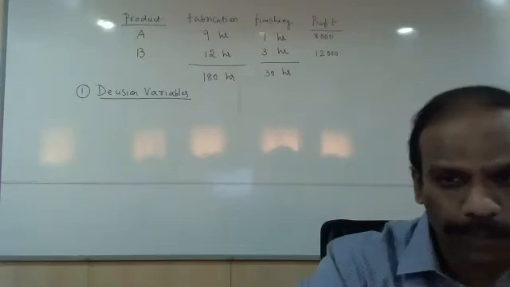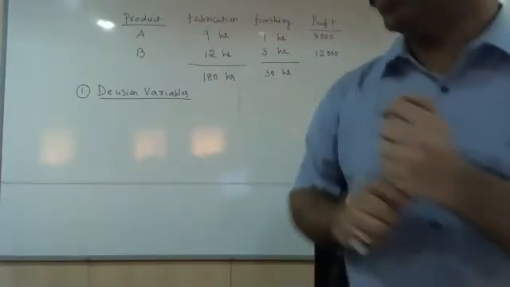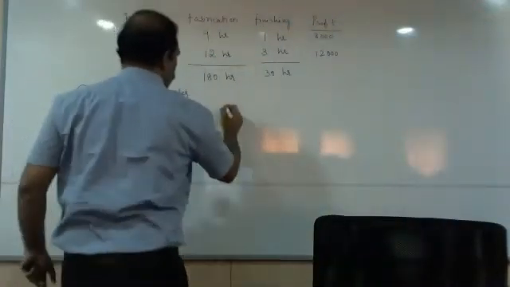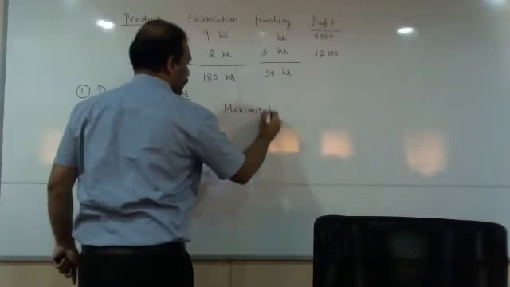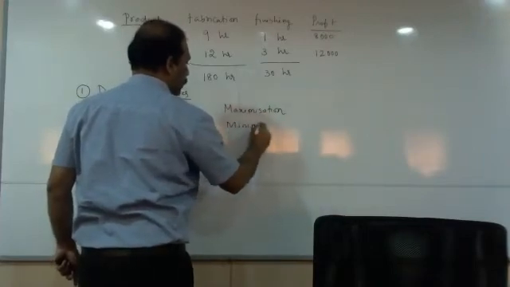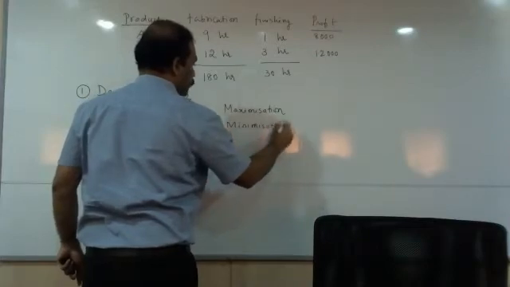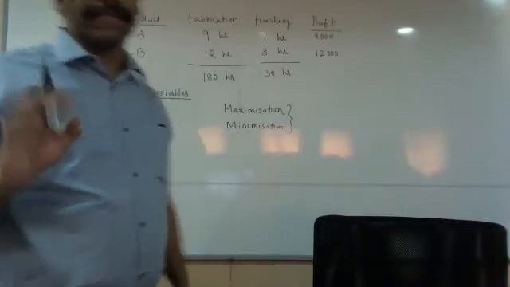All linear programming problems can be classified into 2 varieties. Which are the 2 varieties? The first one is called the maximization case, and the second variety is called the minimization case. So these are the 2 varieties of questions we have as far as linear programming is concerned.